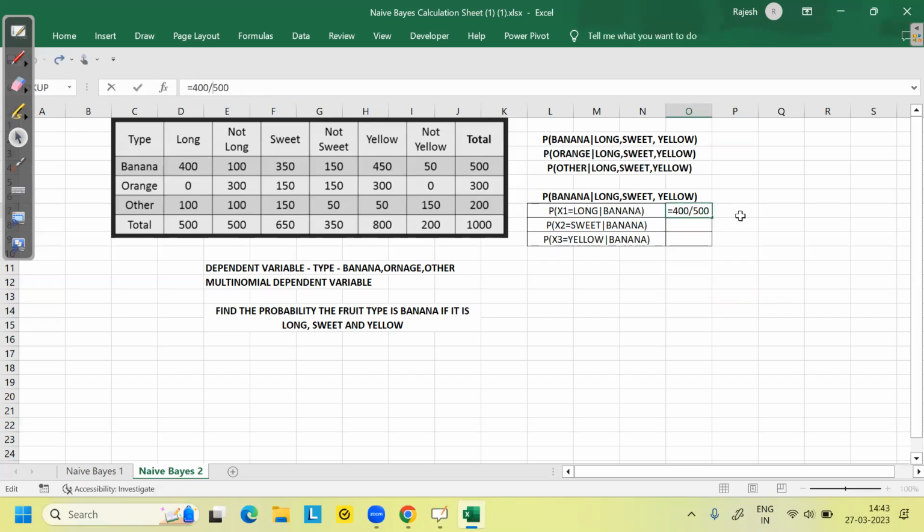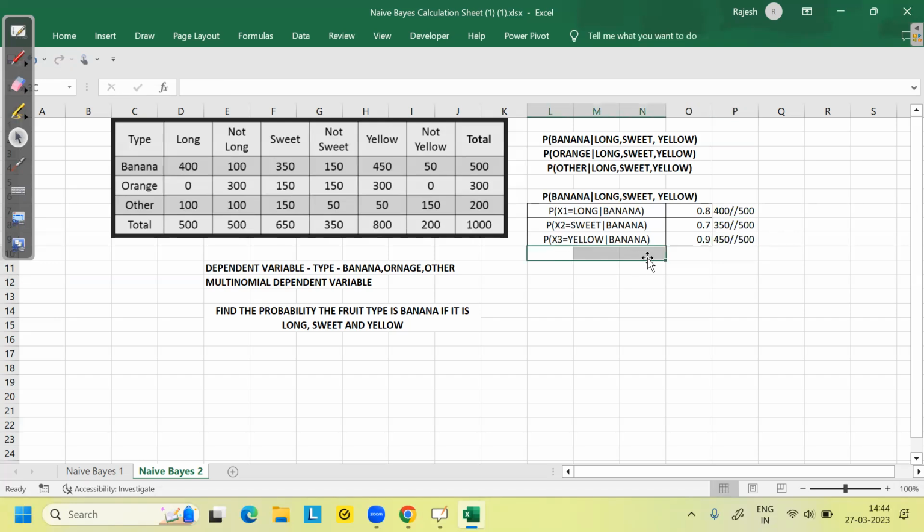So 400 out of 500 bananas are long, which is 0.8. How many bananas are sweet? 350 divided by 500, which is 0.7. How many bananas are yellow? 450. Total number of bananas is 500. So 400 divided by 500, 350 divided by 500, 450 divided by 500.